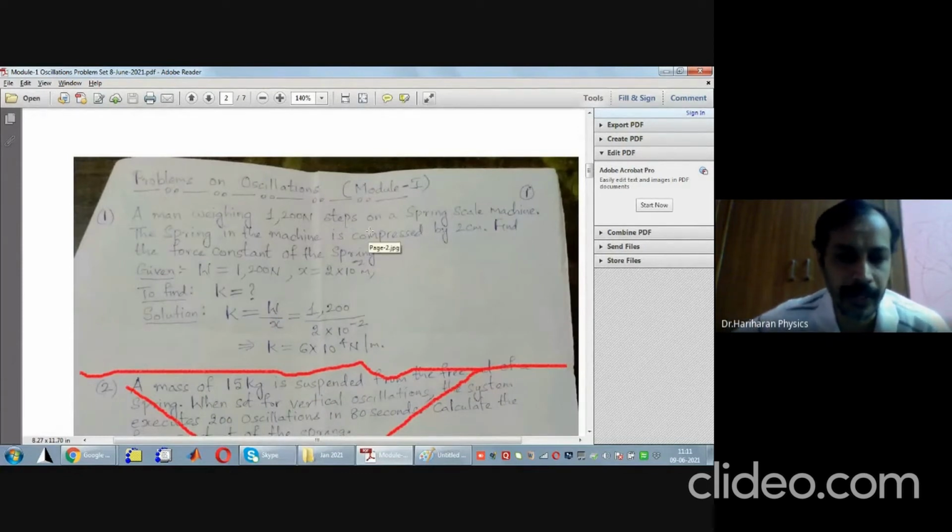Only very rarely will you find a problem that is twisted. So if you know the list of formulas and how to apply them, you can easily solve all the problems. Don't panic, just be thorough with the list of formulas, and all the problems given in the examination will be direct substitution, so everyone can easily solve it. Okay, understood? So with this we will move on to the first problem.